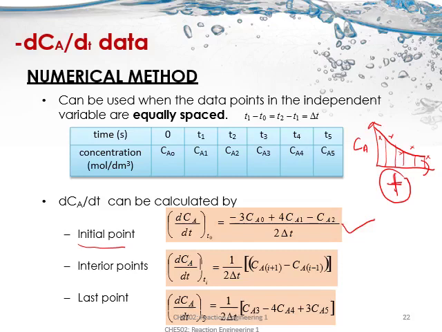Interior points, meaning between the initial point and the last point, you are going to use this formula. Just be careful. For example, this is CA i plus 1.